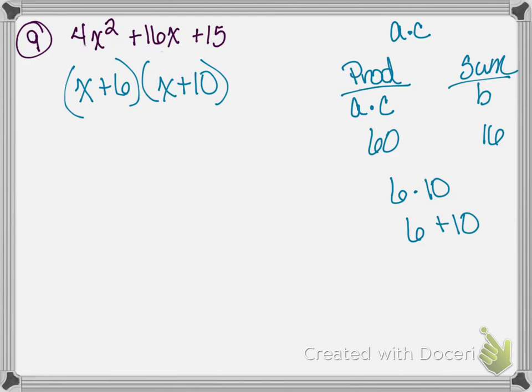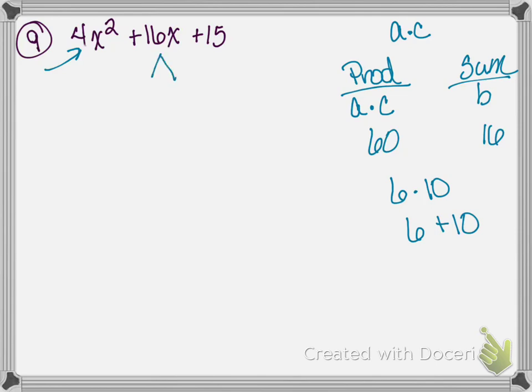Because we do not have a 1 there, because I have something other than 1, I split my 16. So if I take 4x squared plus 10x plus 6x plus 15, I have not changed the value of this problem. All I've done is I've split the 16x into 10x plus 6x. That's all I've done.